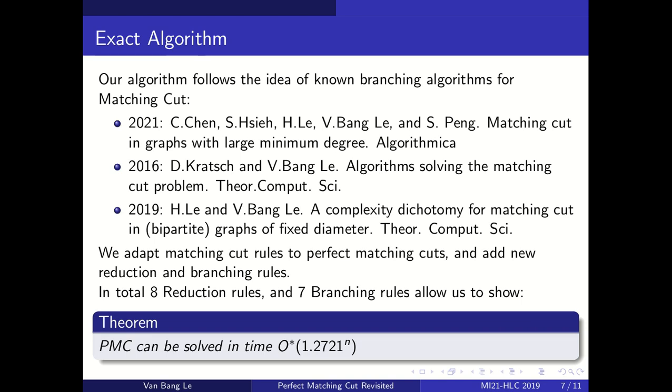And this problem has seen a lot of attention lately, and in particular these 3 papers here by Chen, Xi, Le, Bang Le and Peng from this year, a paper from 5 years ago by Dieter Kratsch and Bang Le, and a paper from 2 years ago by Le and Bang Le.